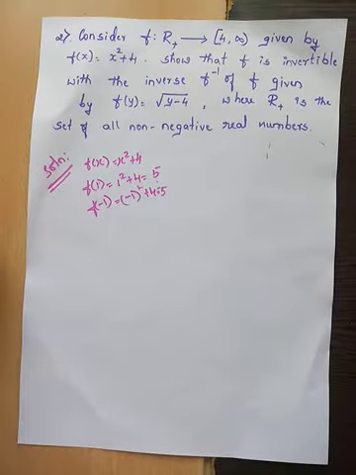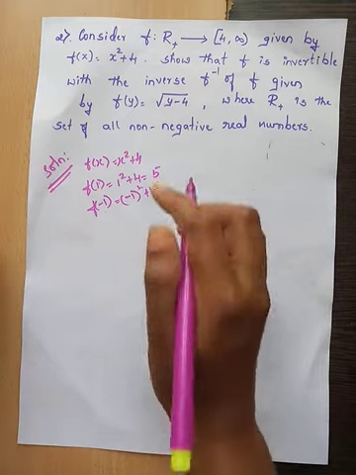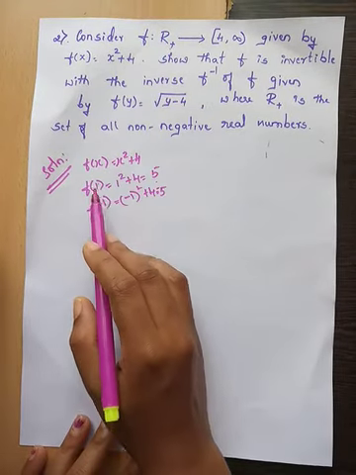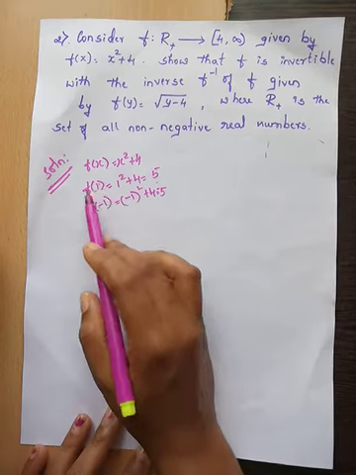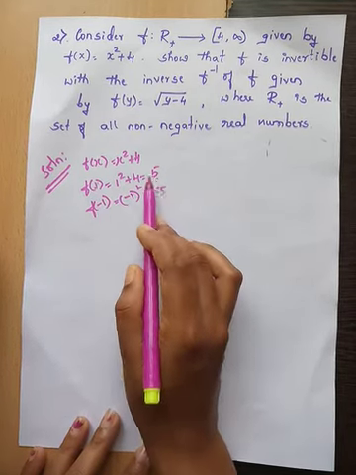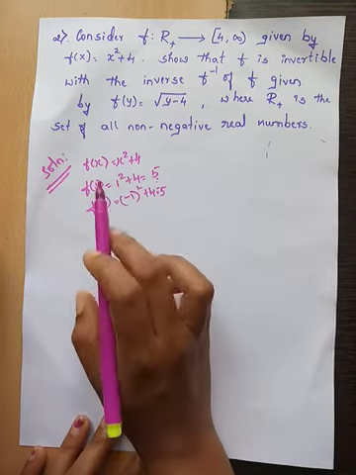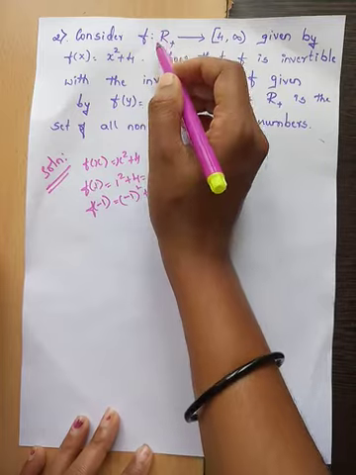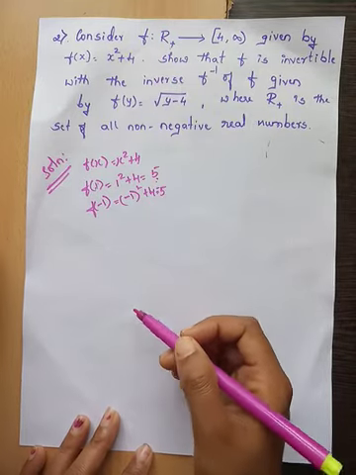But when we talk about a function being invertible, the other definition I gave is that a function is invertible if and only if it is one-one and onto. If we take the domain as the set of all real numbers, it violates the rule that it should be one-one, because many elements go to one element, so it becomes a many-one function. To avoid that, they have restricted the domain to R plus.